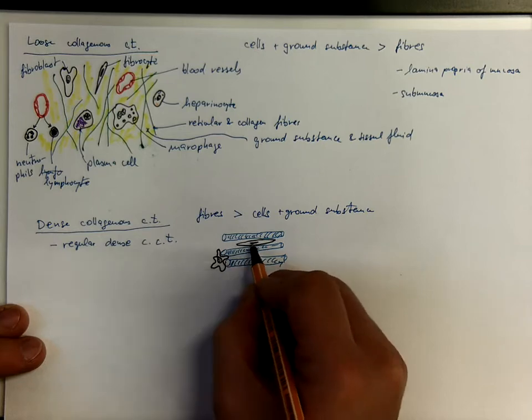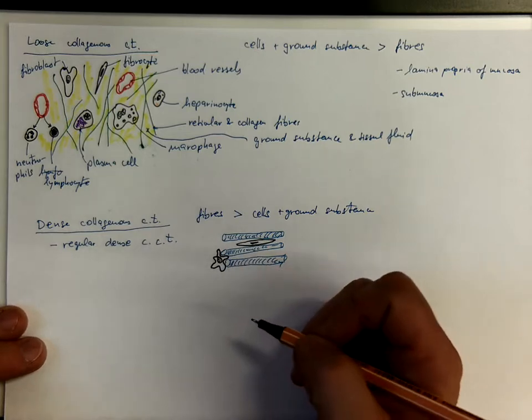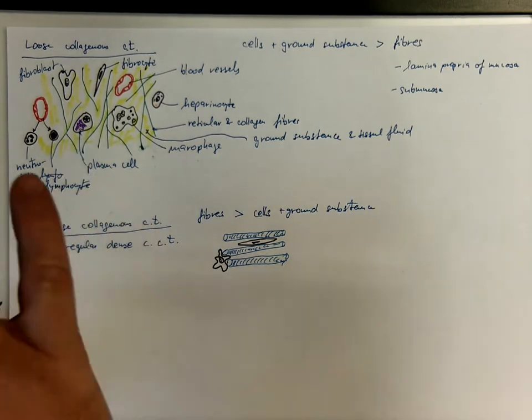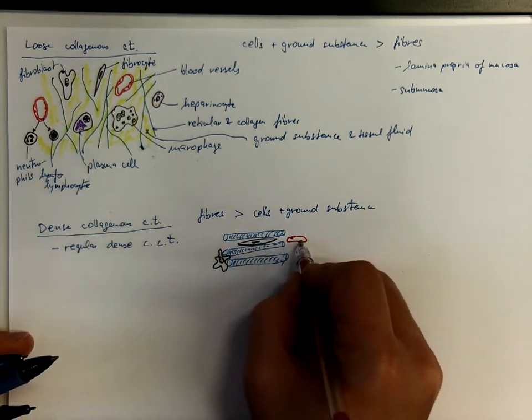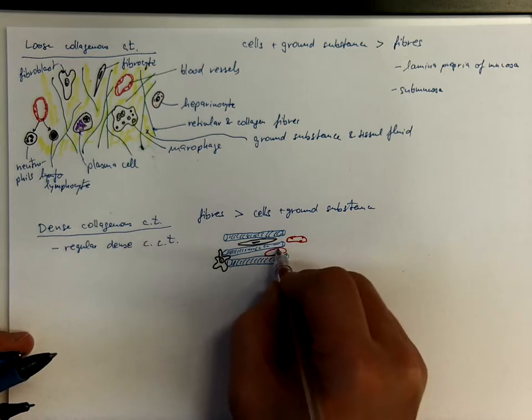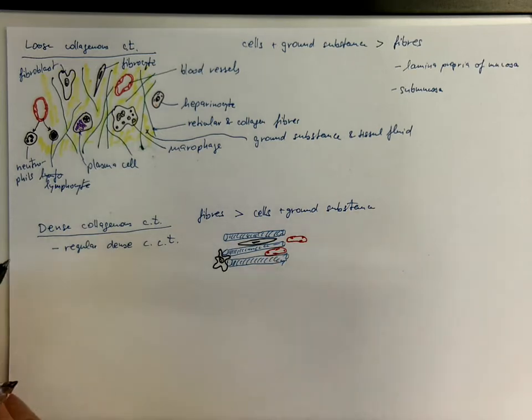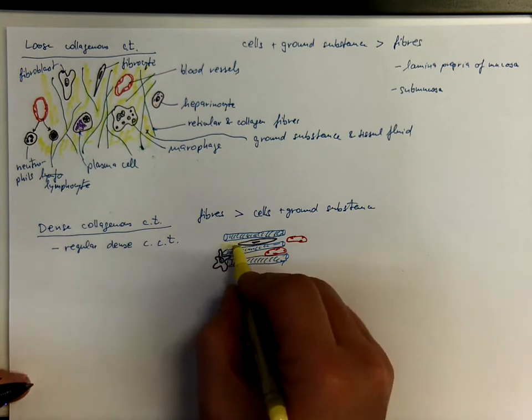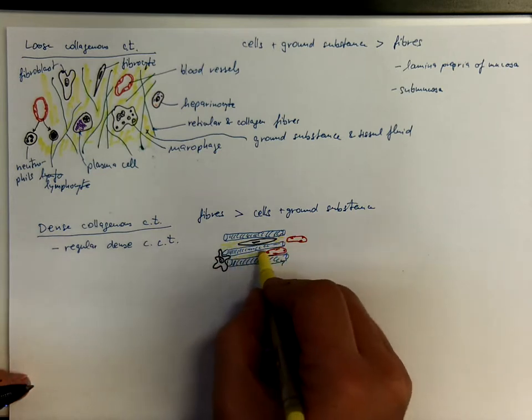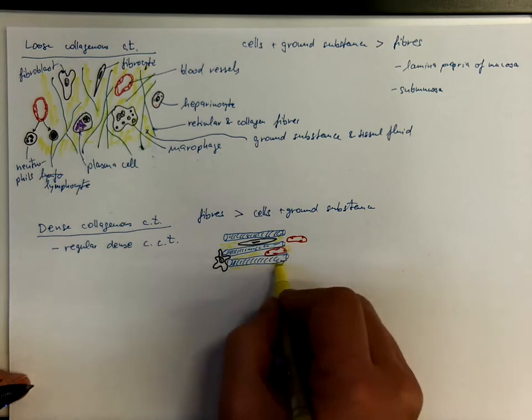This difference could be mostly seen by the nucleus. There are blood vessels as well. Every connective tissue is vascularized. However, the fraction of the ground substance is small.